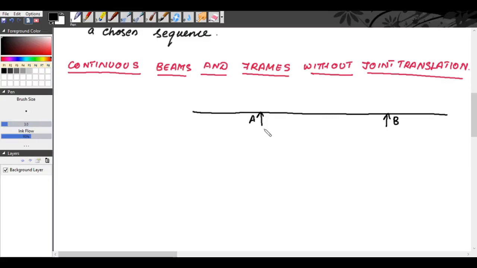So we will consider the span AB of a continuous beam under imposed loads. Now we will draw the deflected shapes. If AB is a part of a continuous beam, the final deflected shape of the span AB will be like this.